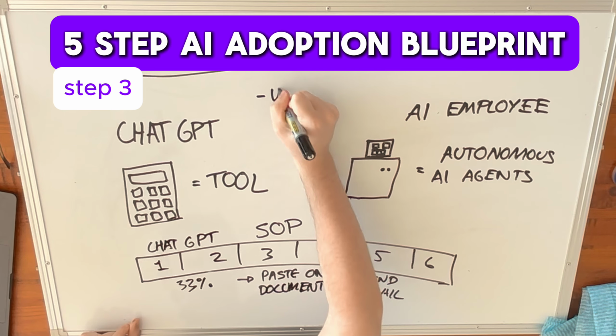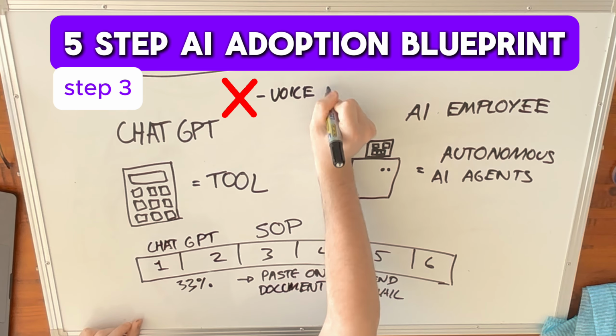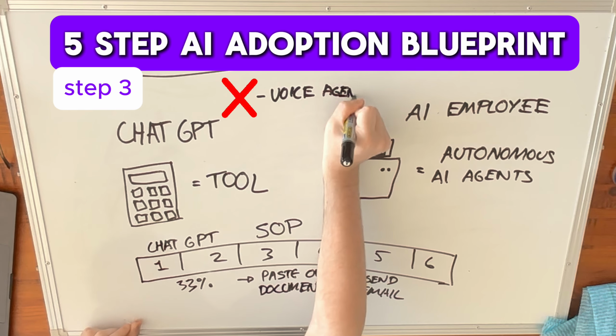This is the point where we can modify our SOP slightly so we can make it more AI friendly. Just a rule of thumb, we don't want to be using voice agents in a business yet. Voice agents aren't good enough. So anything that involves calling people, I wouldn't recommend doing. On top of that, anything that involves finances or regulatory restrictions, I would keep as a human.